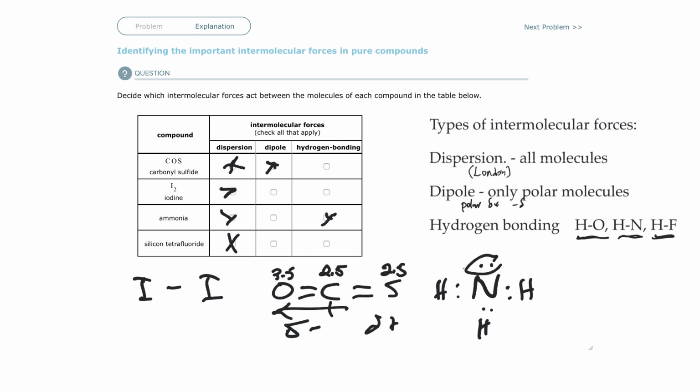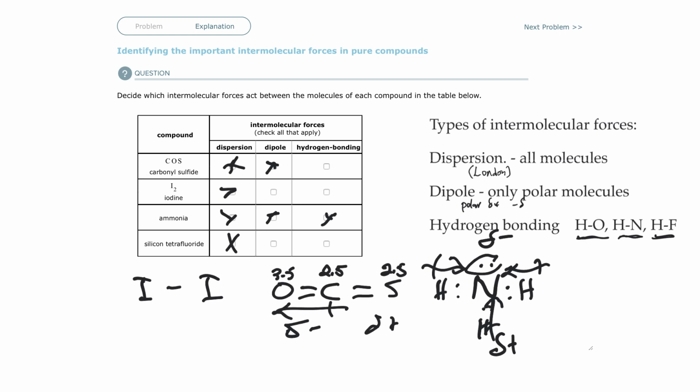So it actually works beautifully for hydrogen bonding. Ammonia is wonderful for that. So is it polar? Okay, the electronegativity of nitrogen is more than that of hydrogen. So you're going to get the arrows in this direction, and this direction, and they don't cancel each other out. That means that this whole side is going to be more negative, and the other side is going to be positive. So ammonia is polar.